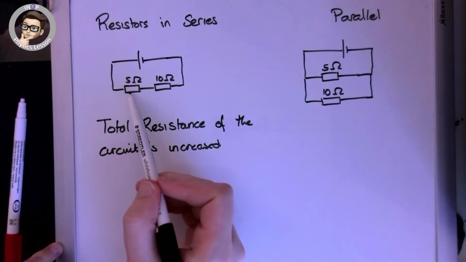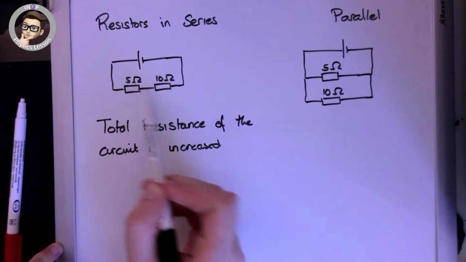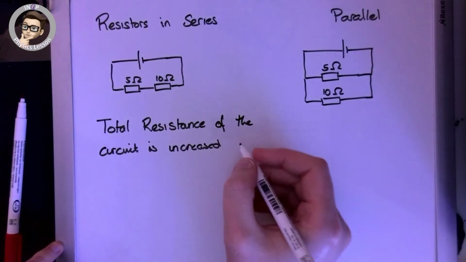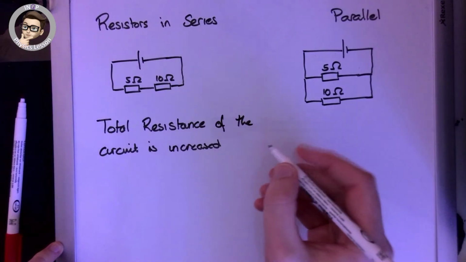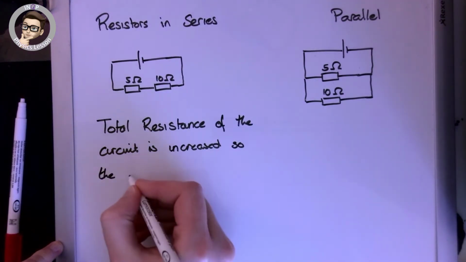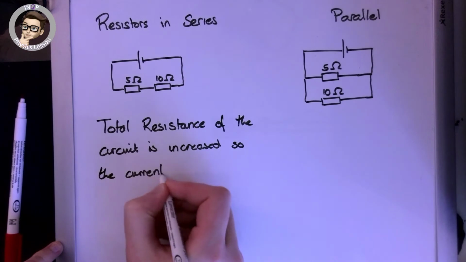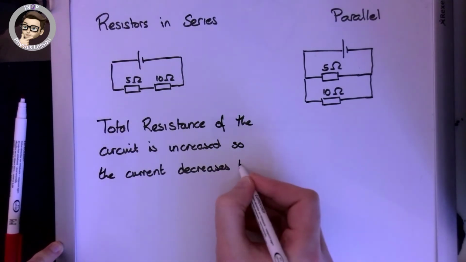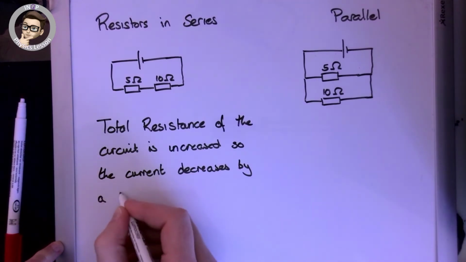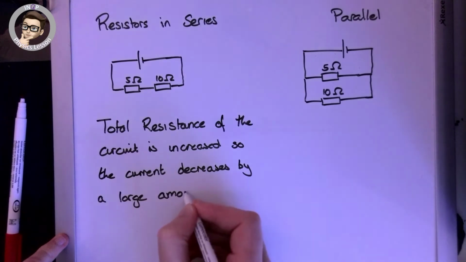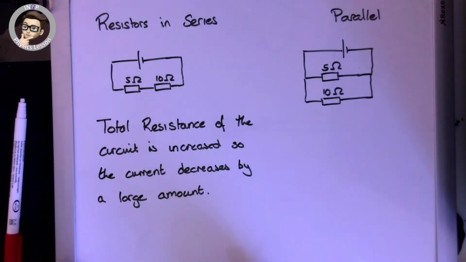If I put a 5 on its own and I put a 5 and a 10 together, then it has increased. So the current will decrease by a large amount, because the resistance has increased. So as the resistance goes up, as we looked at previously, the current goes down.